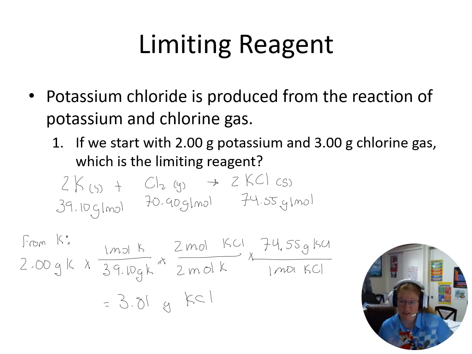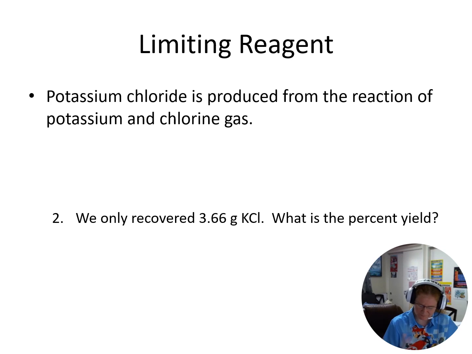Okay, before letting the video play to the next slide, you try calculating how much can be produced from the chlorine. All right, so from the chlorine, what you should get is 6.31 grams.